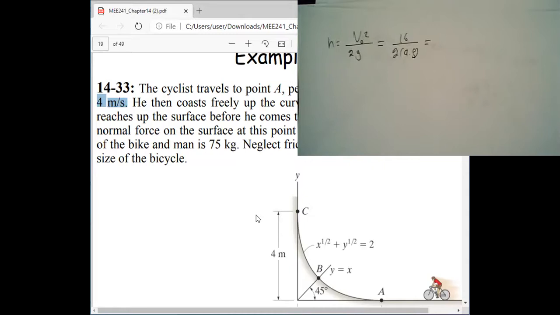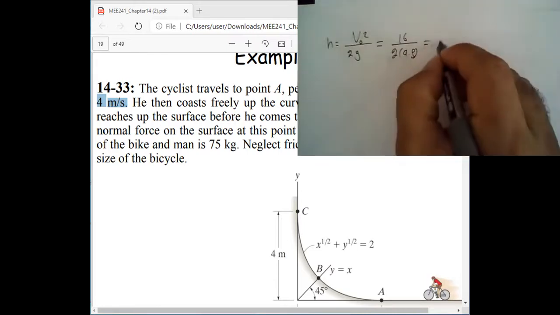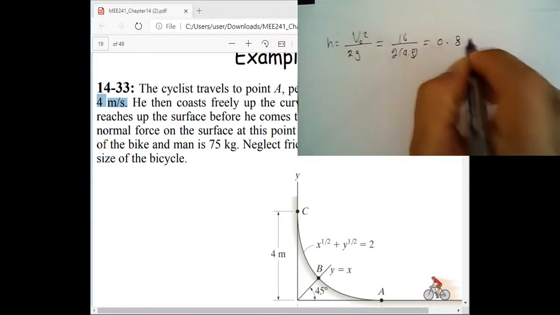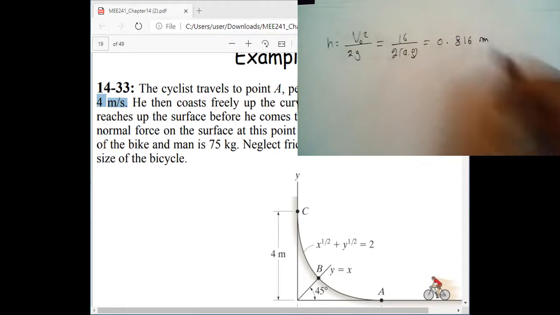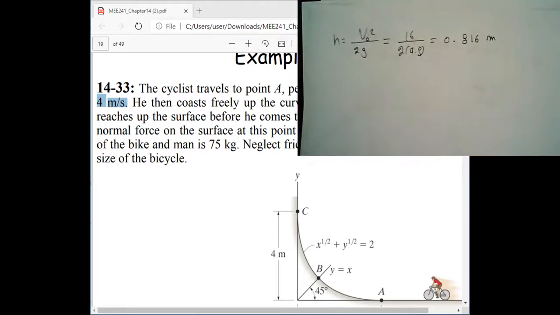Let's quickly compute that. 16 divided by 2 times 9.8. This returns a value of 16 meters. So this is my elevation.